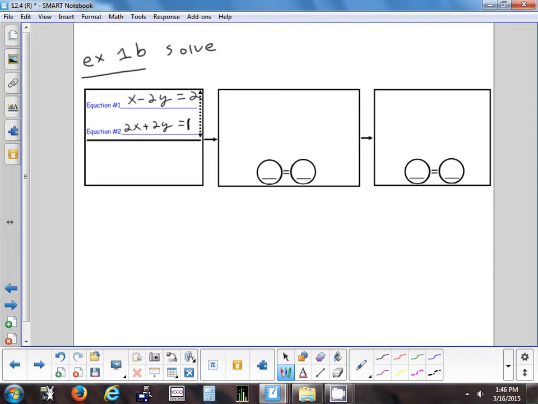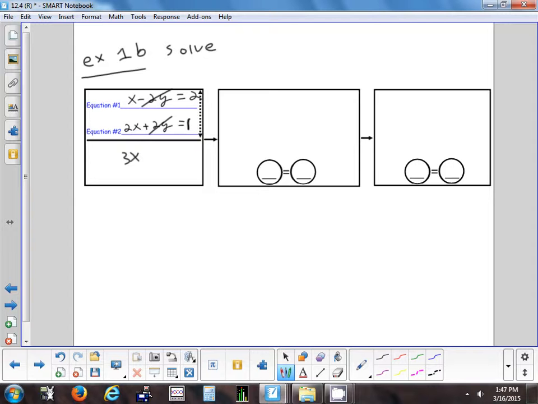Okay, so we're going to add everything up in these equations. We're going to put the answer right here. Let's see what happens. What number is in front of x if it's not written? 1. What's 1x combined with 2x? 3x. What happens when you combine negative 2y with positive 2y? 0. This cancels out.